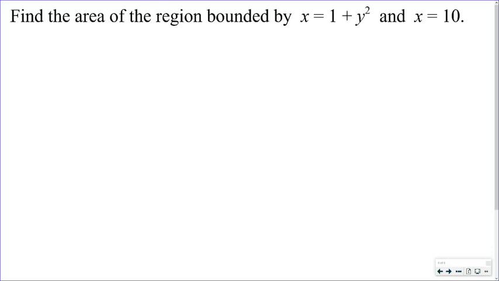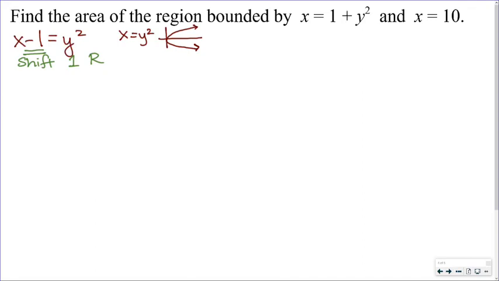I'm going to write this as x minus 1 equals y squared. x equals y squared is a sideways parabola, so hopefully you remember that. It looks like that. And this minus 1 is going to shift this graph 1 unit to the right.